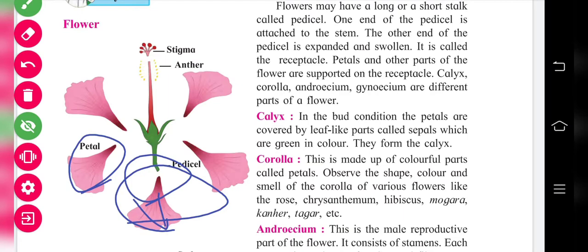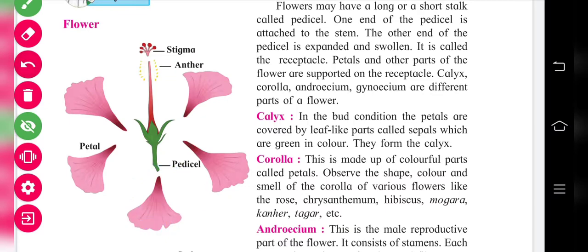Every flower has a different corolla. You can observe the smell of different flowers, rose, mogra, canary, whatever plants are available near your location. That corolla you can smell and note what happens.